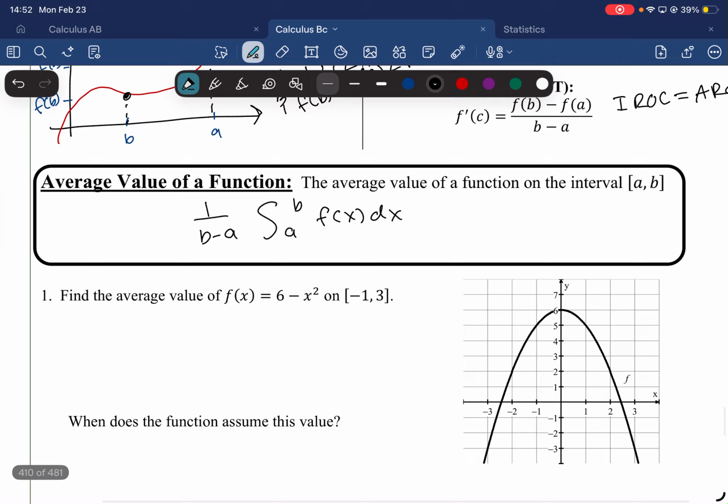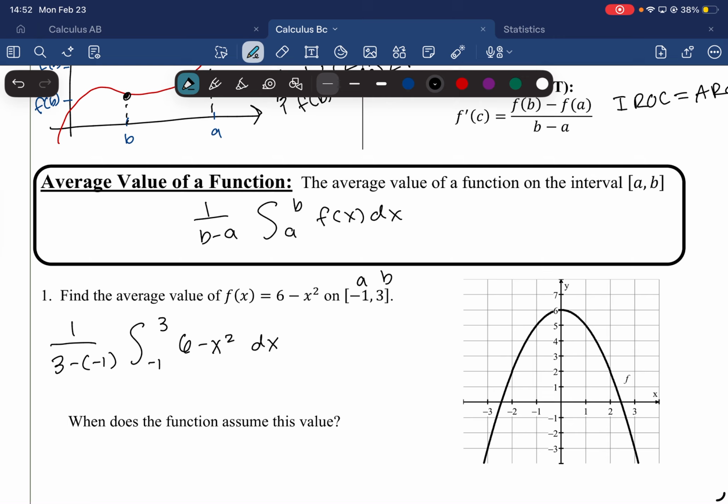So number 1 says, find the average value of f of x equal to 6 minus x squared on the closed interval -1 to 3. So this is our a, this is our b, and I'm just going to plug it into the formula above. So I have 1 over 3 minus -1 times the integral from -1 to 3 of f of x, which was 6 minus x squared, dx.